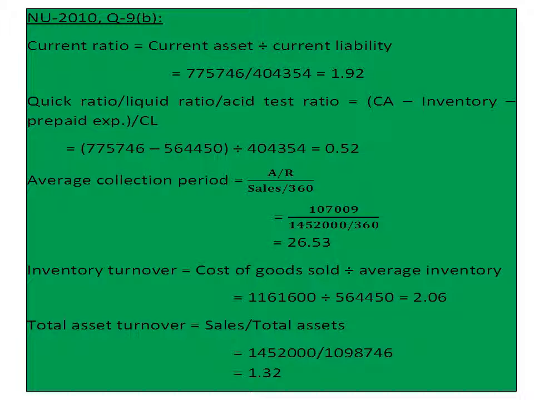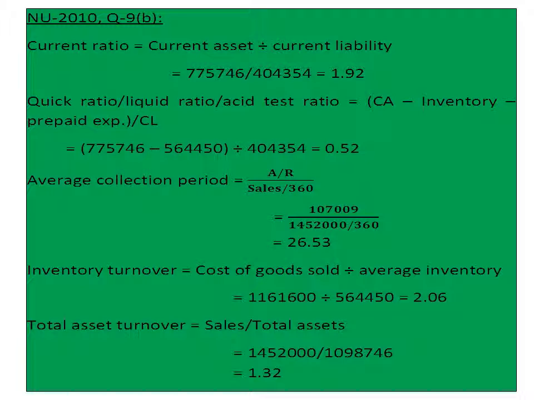Here we see 0.52 is the quick ratio. Average collection period: accounts receivable divided by sales divided by 360, that means sales per day. Here we have found average collection period 26.53.